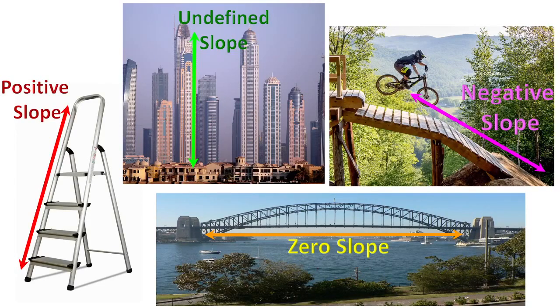Now, what if your building has a negative slope? A building will lean depending on its inclination. Remember one tower? What's the name of the tower? The Leaning Tower.